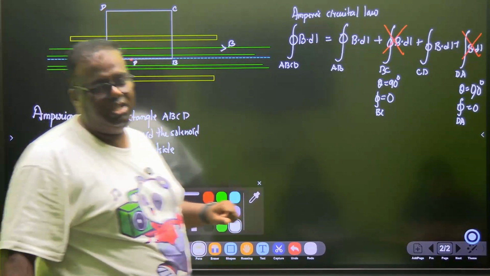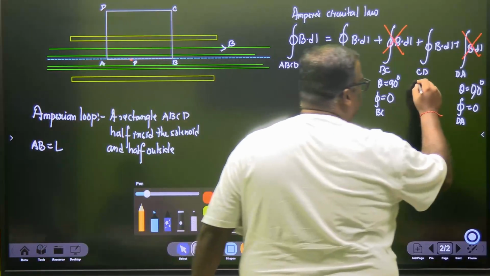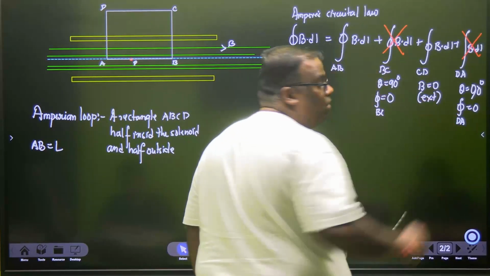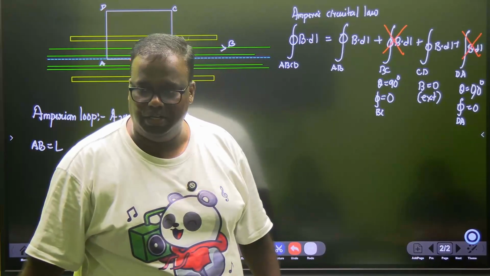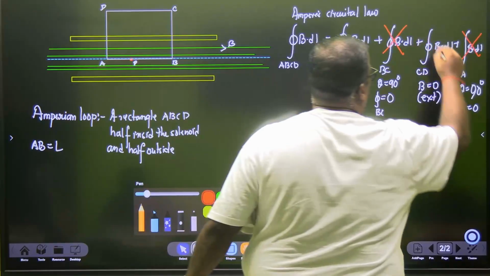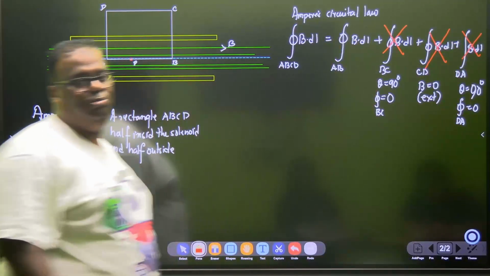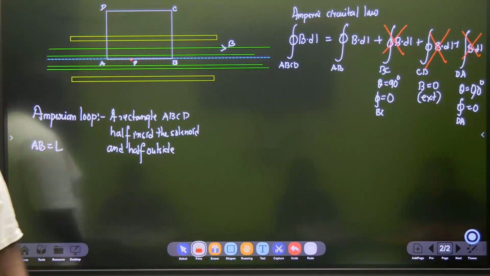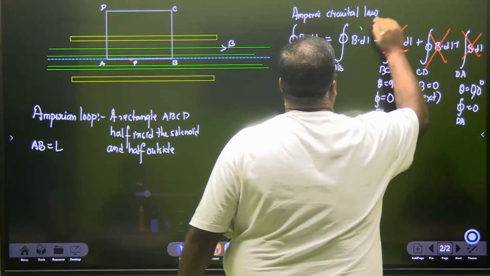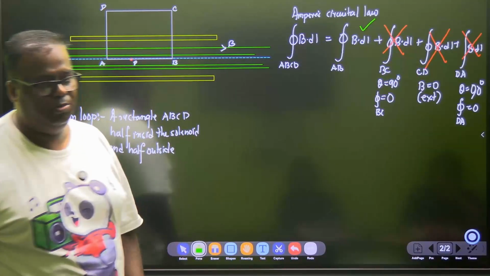Let's look at CD. In CD, B is equal to 0 because this is the exterior of the solenoid. There is no magnetic field, which means B dot dl for CD also does not contribute at all. Clear? So who is the only one contributing? B dl along AB is contributing.